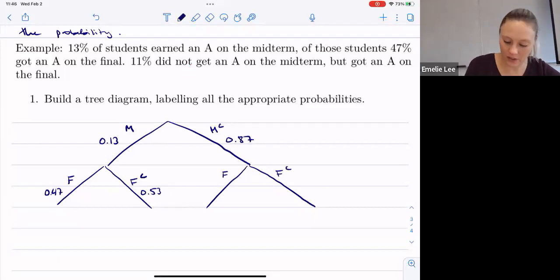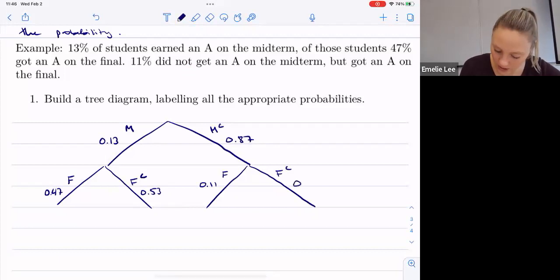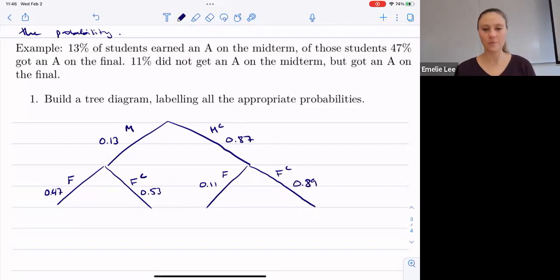And what we're told is that 0.11 got an A on the final, which means that, oops, 100 minus 11, 89% or 0.89 didn't get an A on the final of those who didn't get an A on the midterm.